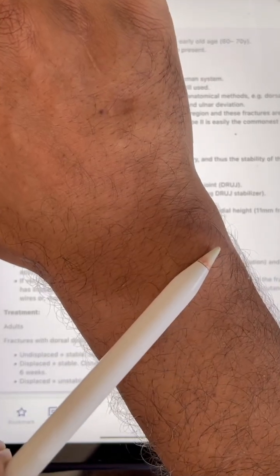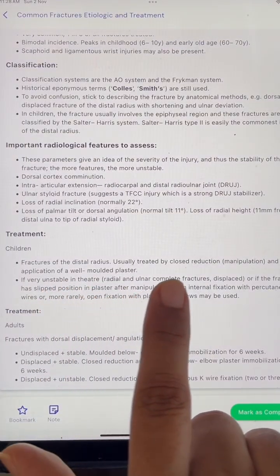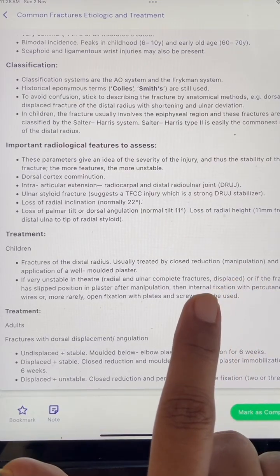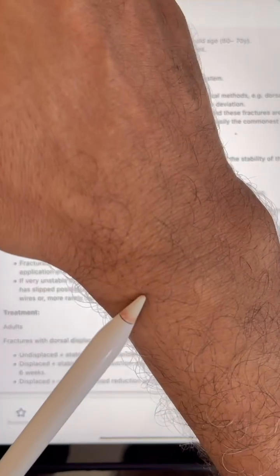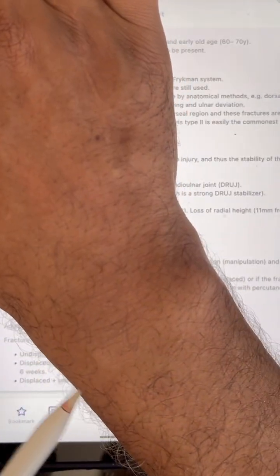So if you see, this is the radial tip, this is the ulnar tip. So if it goes up, loss of radial height, normally 11 millimeters from the distal ulnar tip to the radial styloid. So this is the radial styloid, this is the ulnar tip. If height is lost.